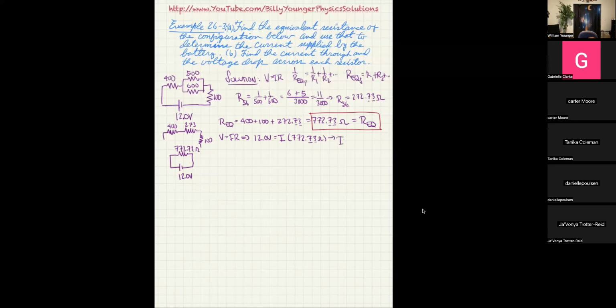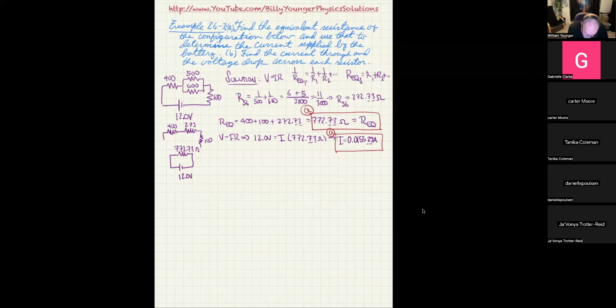So I is equal to 12 divided by 772.73, and that gives me a very small current, about 0.01529 amps. And that 2 and that 9 are not significant. So these are both part A answers. Any questions on that?